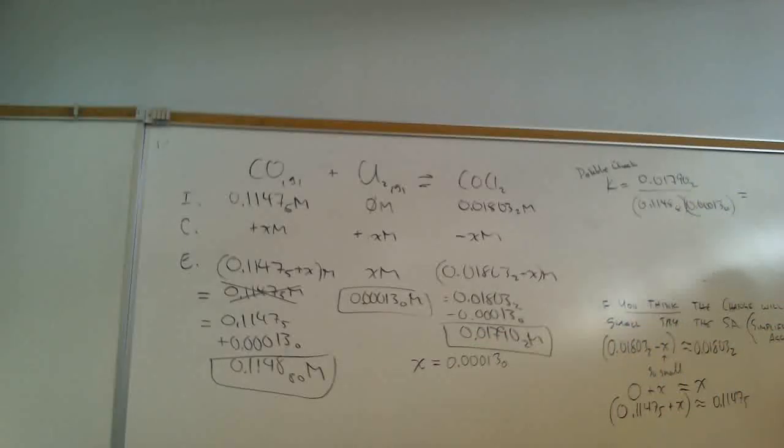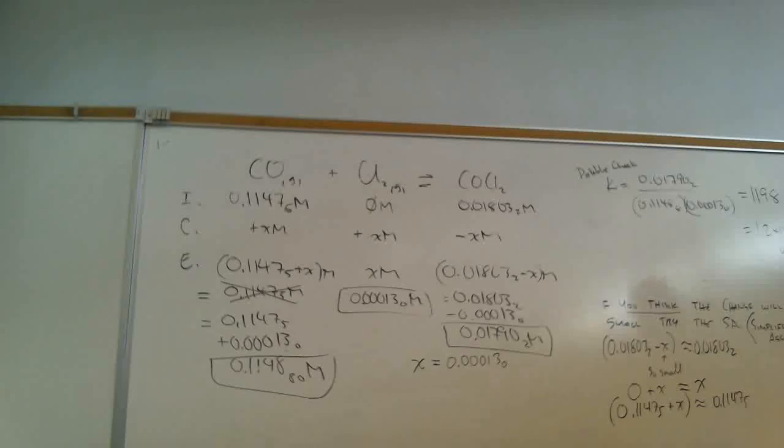What does it come out to? 1198. And then if you round this to 2 sig figs, we got 1.2 times 10 to the third. And so this looks good, right? Looks good.